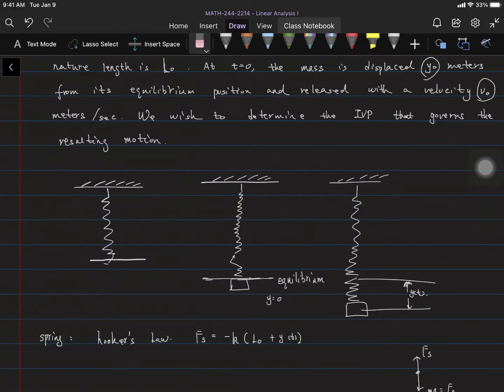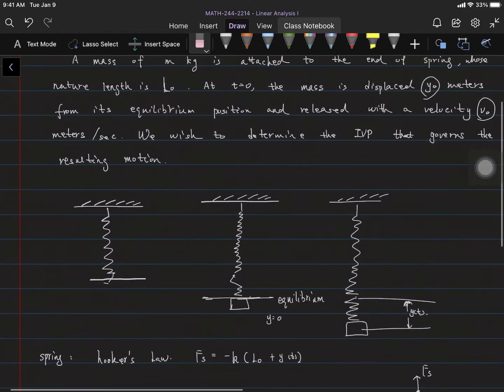When t equals 0, the mass is displaced y0 meters from its equilibrium position. When we attach something to the end of the spring, it will go down a little bit and stay there, right? It's stable. The length from here to here is L0, the natural length. And the equilibrium position, we say, is y equals 0.